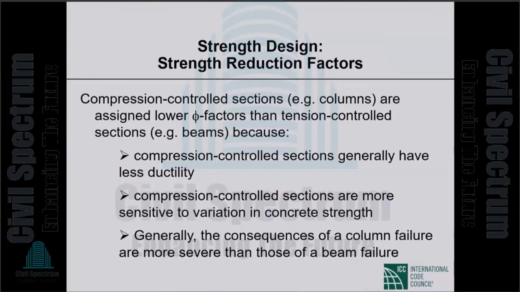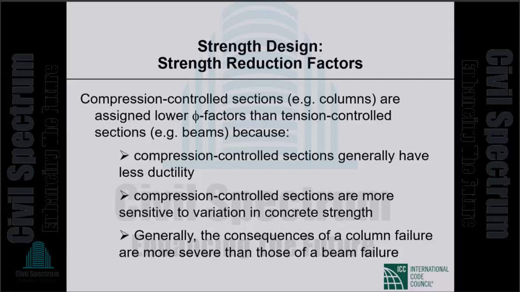So why this lower phi value for compression control sections? Compression control sections, such as columns, are assigned lower phi factors than tension control sections such as beams because compression control sections generally have less ductility. Ductility is the ability to keep on carrying loads as you deform.